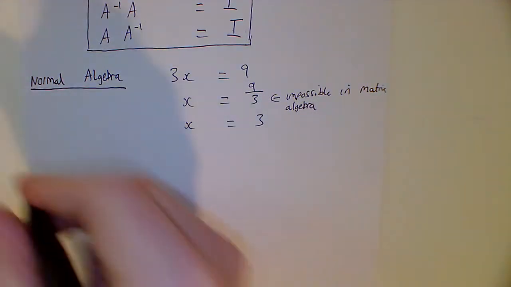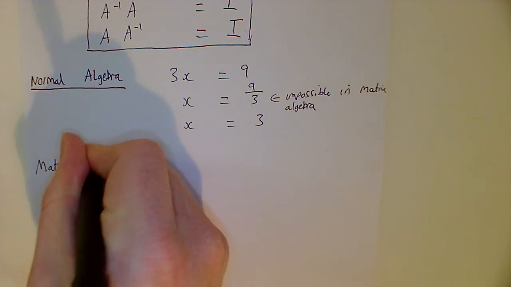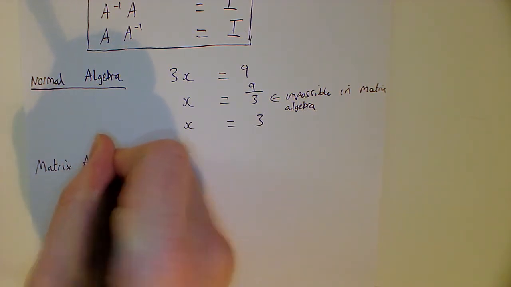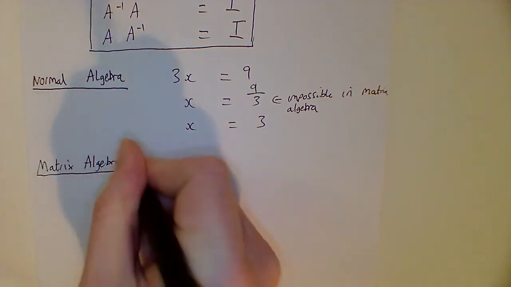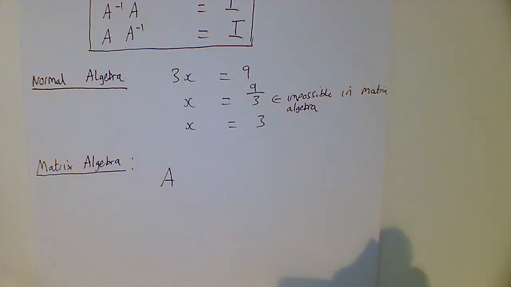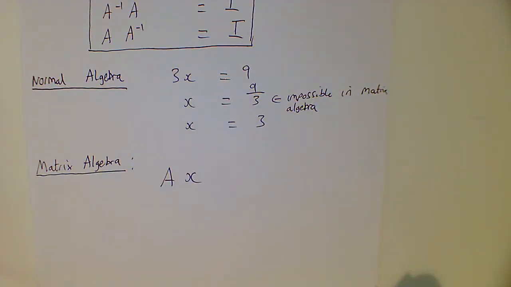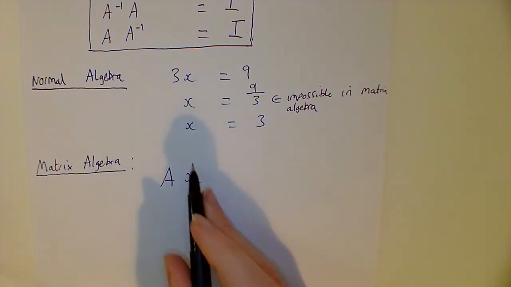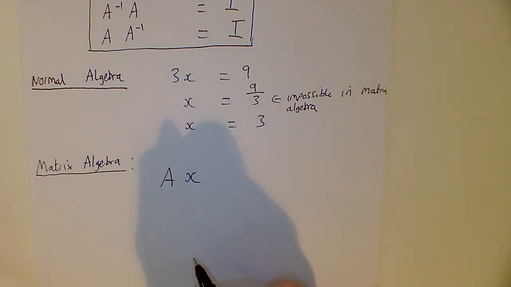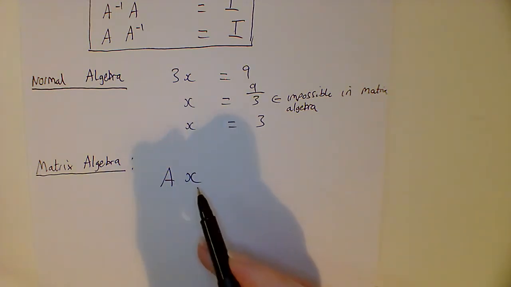So if I have a matrix algebra, let's say I've got a big matrix called A, and that's multiplying a column matrix XYZ, for example, if it's a 3 by 3 matrix, or the column matrix XY if it's a 2 by 2 matrix.